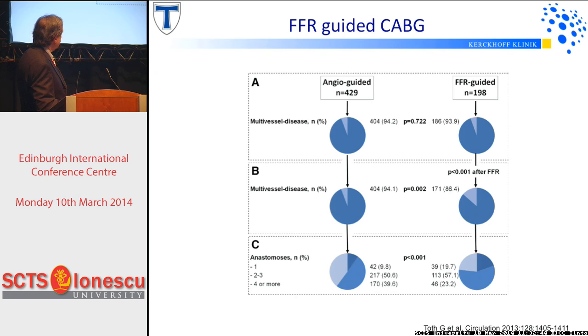And this resulted in different rates of anastomosis by the surgeons. So there were many more single or double or triple anastomoses, and significantly fewer 4 or more anastomoses placed in patients that had FFR during their diagnostic angiogram. So this did influence the strategy of the surgeon.